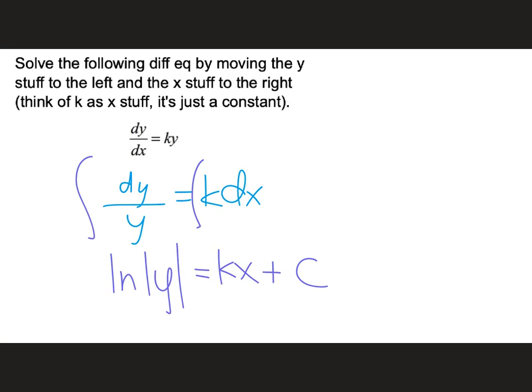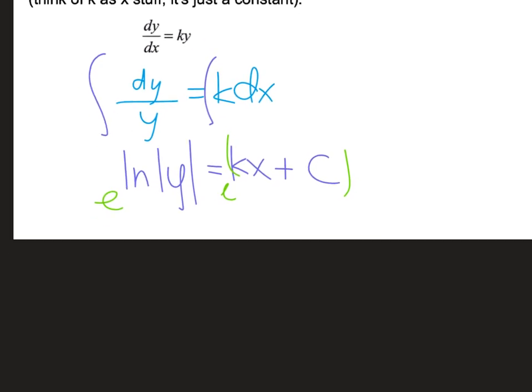All right, we want to get y by itself. A lot of y'all are going to say, let's e both sides. So we'll put e there and e there. And if we do that, e to the natural log of y will just give us y, and then e to the kx plus c, I could rewrite as e to the kx times e to the c.